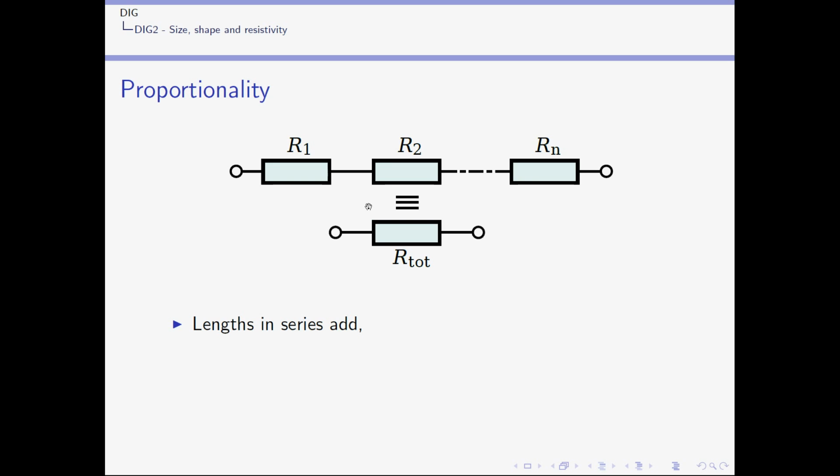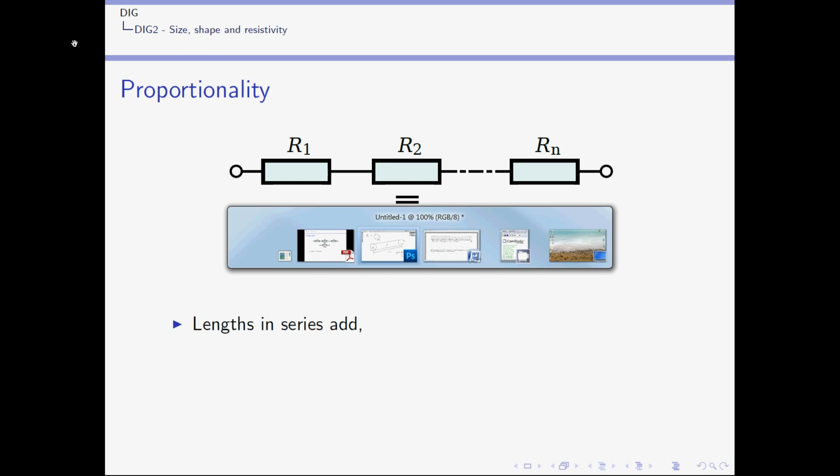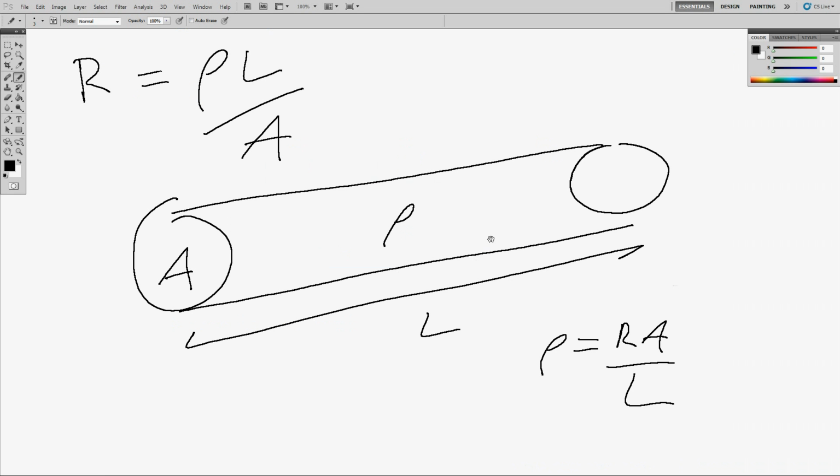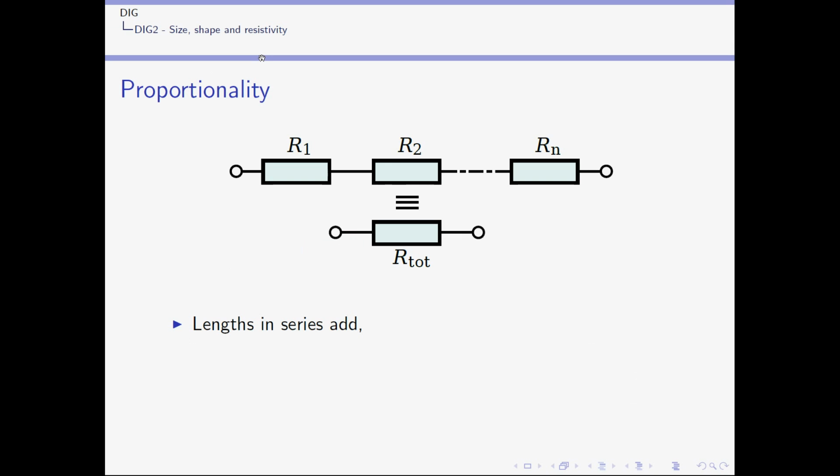So we can see that the resistance is going to go linearly with L, and so we see resistance proportional to L, and so we say that the total resistance is the sum of all of the resistances. You can imagine, if this was 1 ohm and this was 2 ohms, then maybe this one's twice the length of that one, so we just add it all up and that leads us to that.